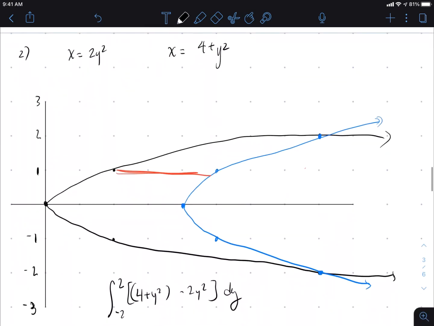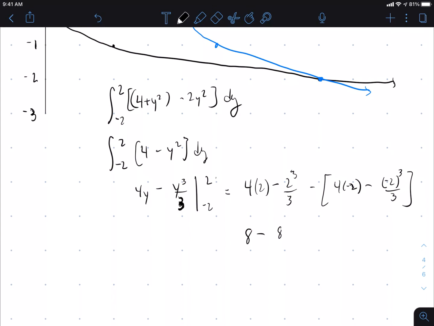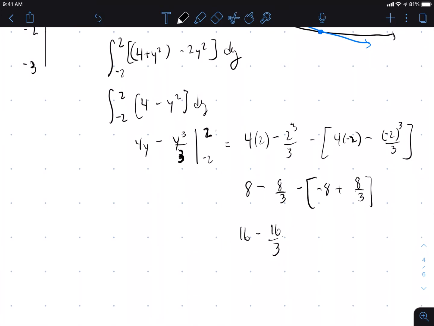Yeah, it's b minus a, not a minus b. Agreed? Or that's 2/3.